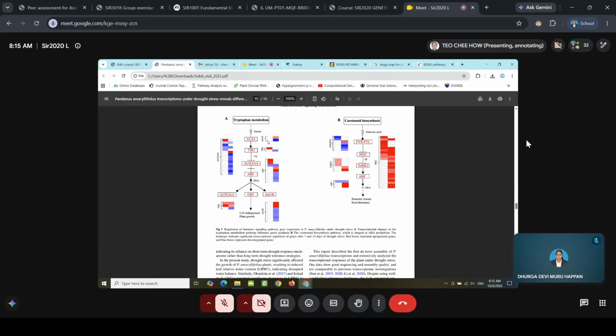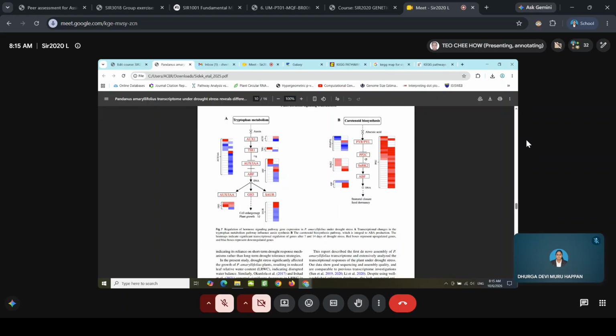The white color one means that there is no expression. At the 14 days, then the expression change of the AUX1: one becomes upregulated, one is down regulated, because it has more than one copy of the gene isoform. So this is how you can actually explain.